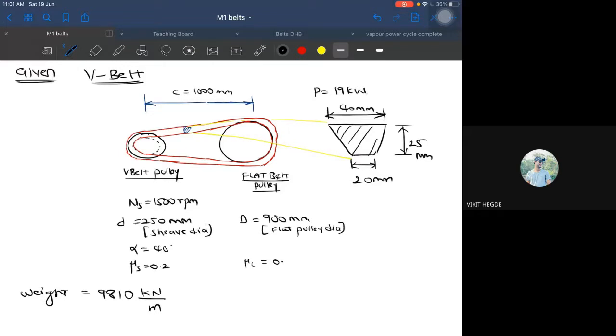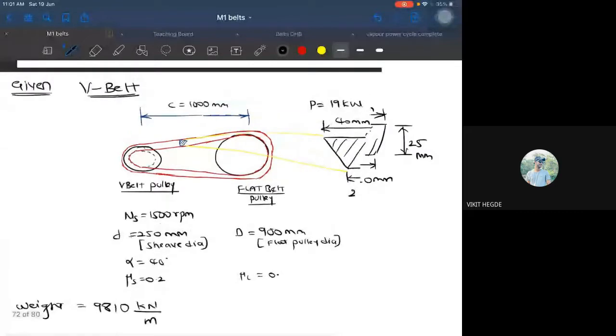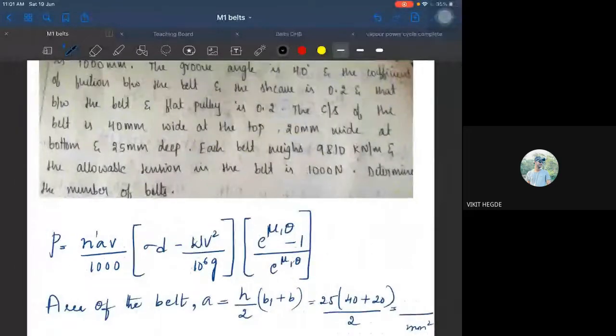Kilonewton per meter cube or meter? Sometimes it is wrong. It is meter cube. It is wrongly given in the question as kilonewton per meter.